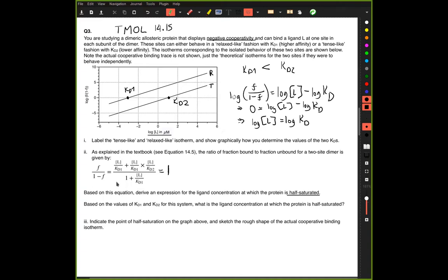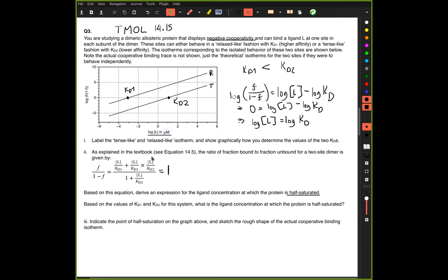For the second part of this question, we're asked to derive an expression for the ligand concentration where the protein is half saturated. The key thing to start off with here is to note that this ratio of fraction bound to unbound should be equal to 1 at the half saturation point.